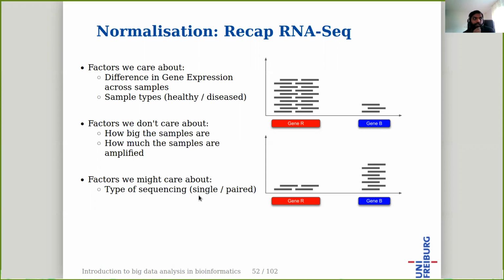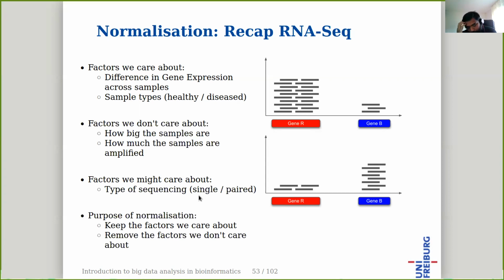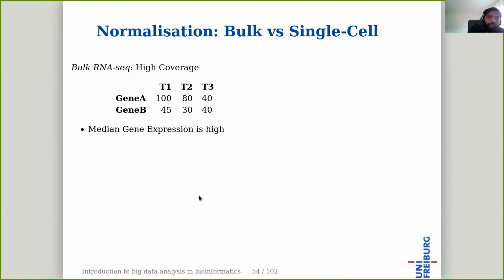So you're using the same machine, but you're doing 2 different types of sequencing, single or paired. This may influence the distribution of the reads in the end. So this is something we may need to incorporate when we normalize the samples. And the purpose of the normalization is just to keep the factors that we care about and ignore whatever we don't care about.